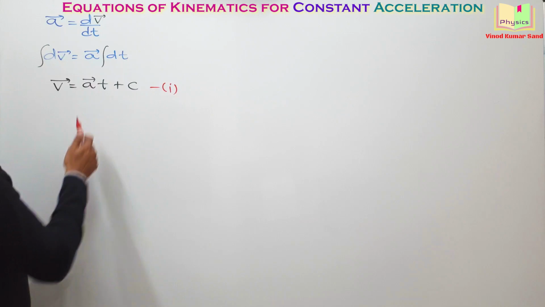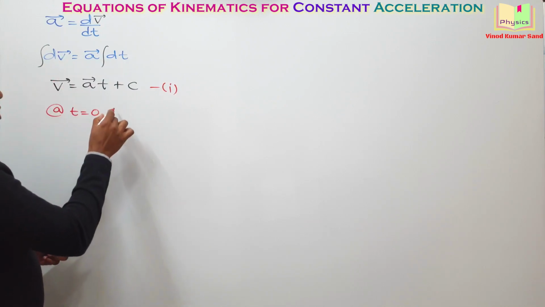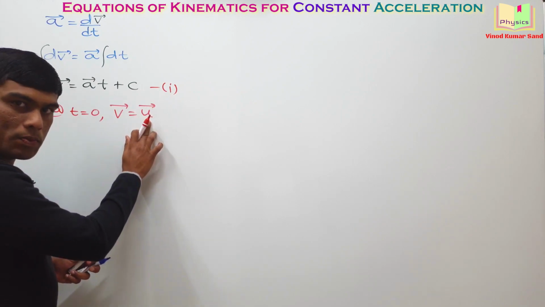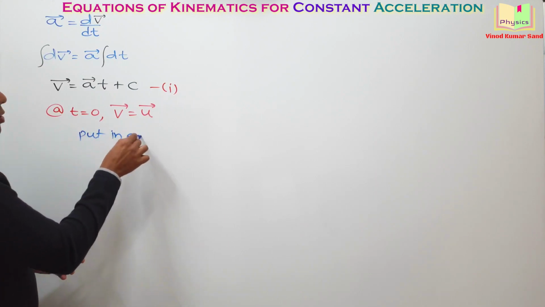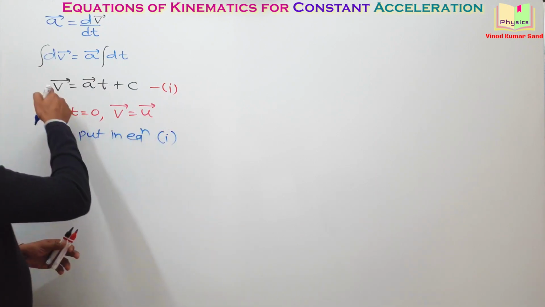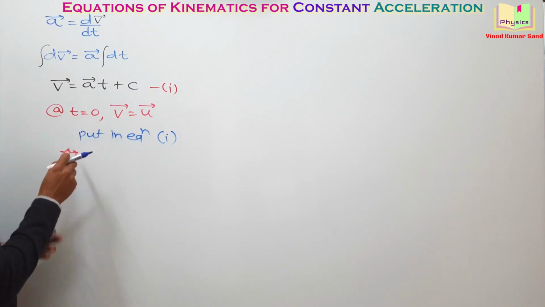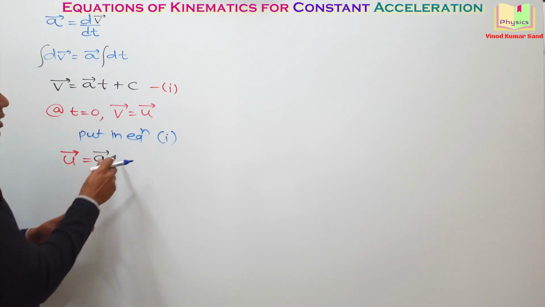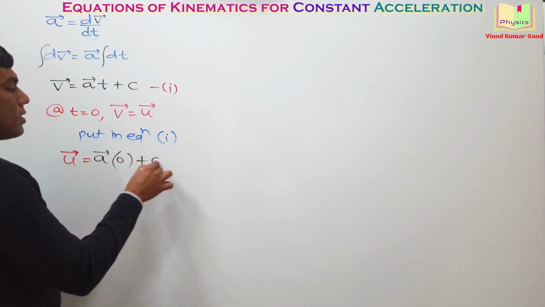For that, let us assume a condition. At t is equal to 0, let's say we indicate the velocity vector as u vector. Getting it? And put it in equation number 1. So in place of the v vector, we are putting the u vector, which is equal to a vector times the moment of time, which has been taken as 0, plus c.